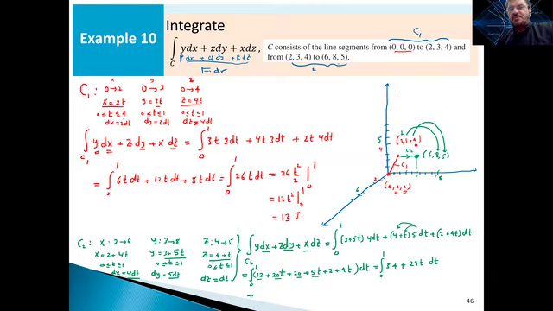Which is equal to, now the integration of 34 is 34t, plus the integration of t is 29t squared over 2, and this is from 0 to 1. And if you do this, you get what? Put the 1 first, you get 34 plus 29 over 2.